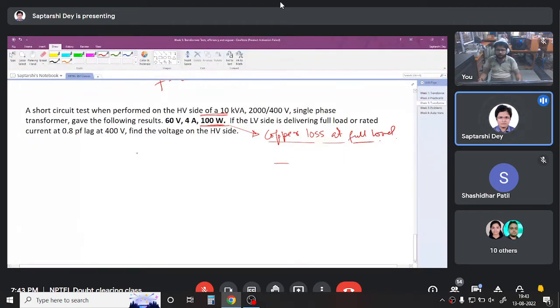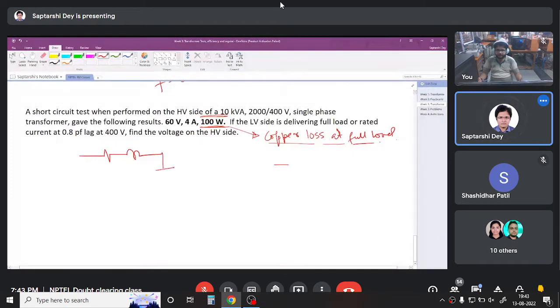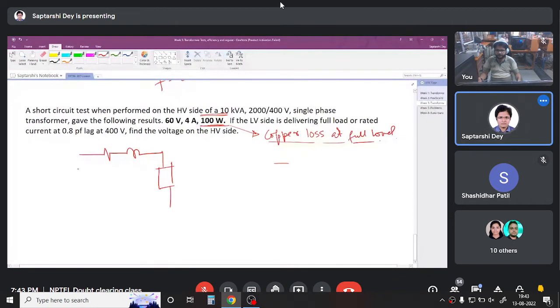Okay, so we will again draw the circuit. They say the low voltage side is delivering some load. Now, this test was done from the high voltage side: 60 volt, 4 ampere, 100 watt.